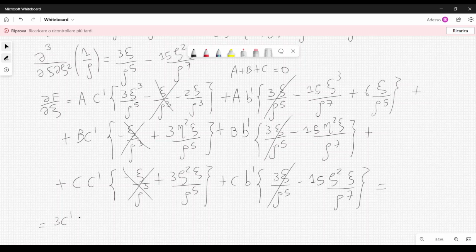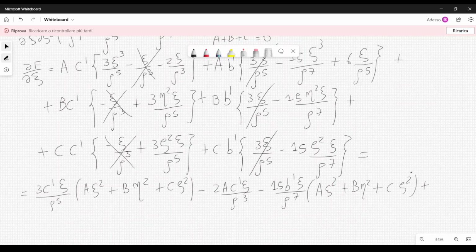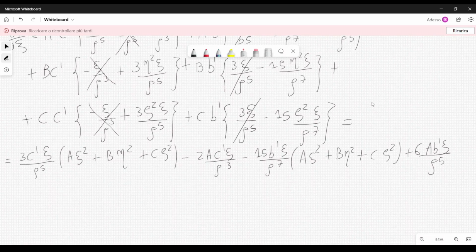We have 3c prime xi over rho to the fifth power times a xi squared plus b eta squared plus c zeta squared, minus 2a c prime xi over rho cubed, minus 15 b prime xi over rho to the seventh power times a xi squared plus b eta squared plus c zeta squared, plus 6 a b prime xi over rho to the fifth power, and we can put some of these terms together.